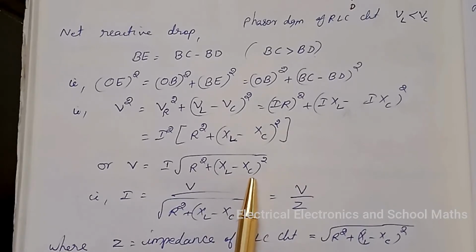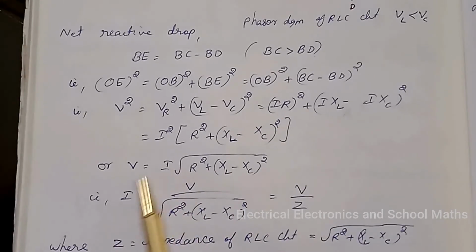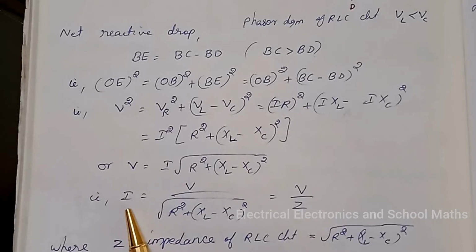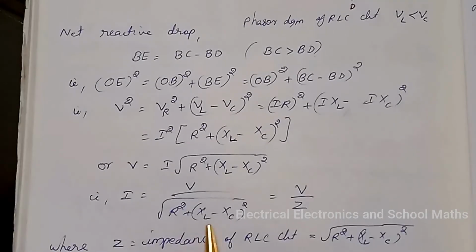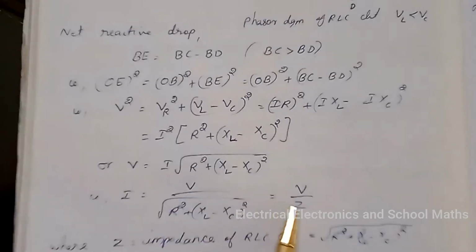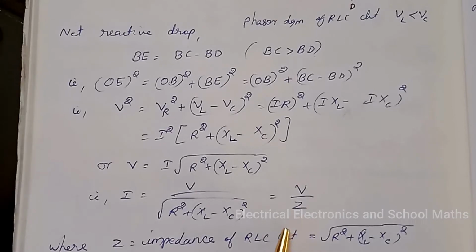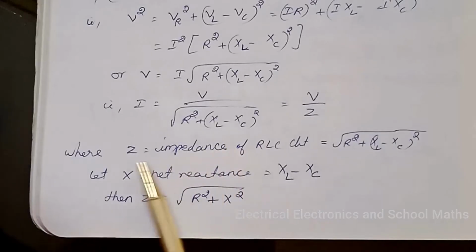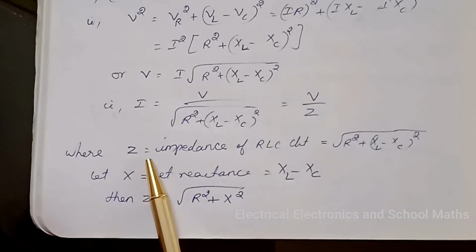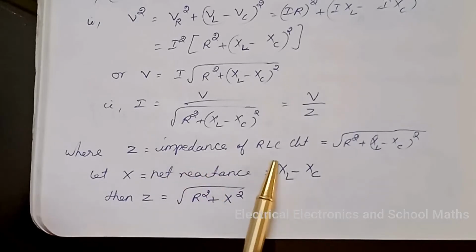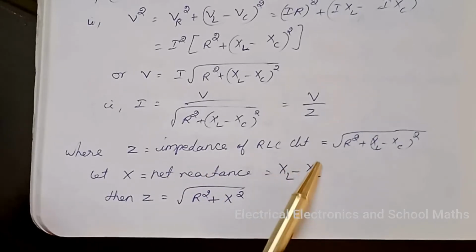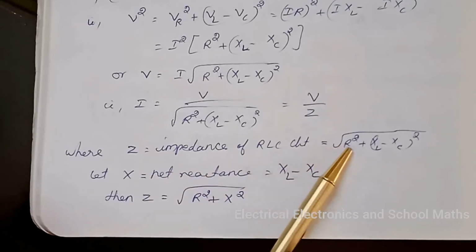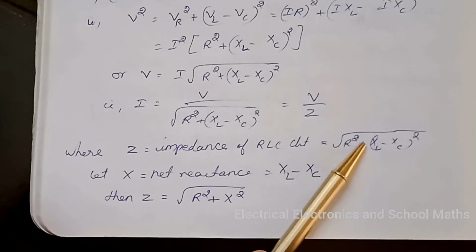square. From this we can write I is equal to V by square root of R square plus XL minus XC the whole square. That is V by Z, where Z is the impedance of the series RLC circuit and is given by square root of R square plus XL minus XC the whole square.